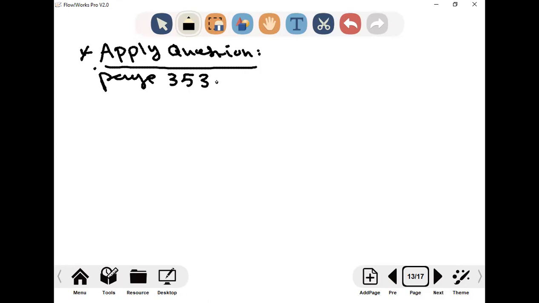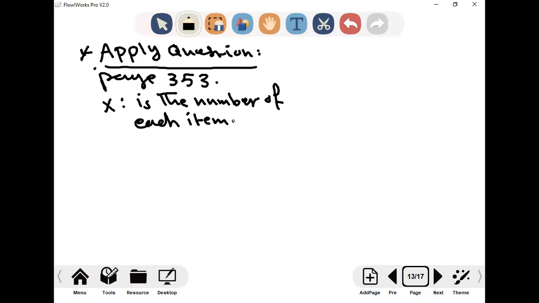So x is the number of each item. So we have two x's, x for the t-shirts and x for the tie-dye kits.